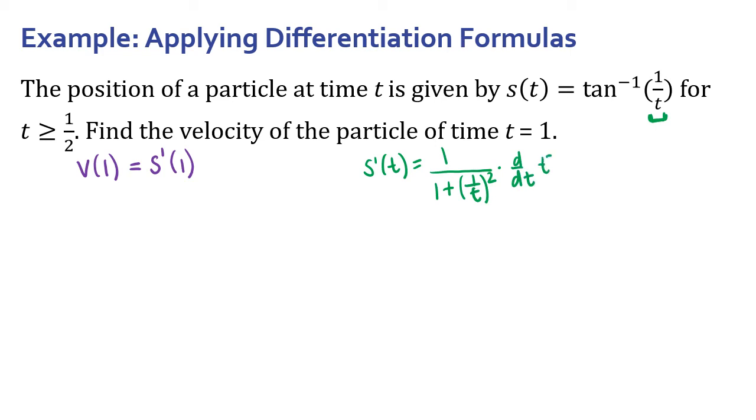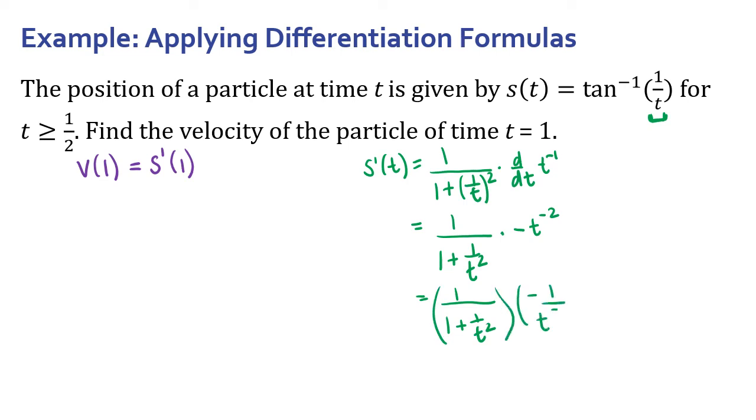So I'm going to write that as t to the -1, just so you can see how the power rule is going to work there. So I'm going to get 1 over 1 plus (1 over t) squared times negative t to the -2, which ends up giving me 1 over 1 plus (1 over t) squared, all times -1 over t squared.